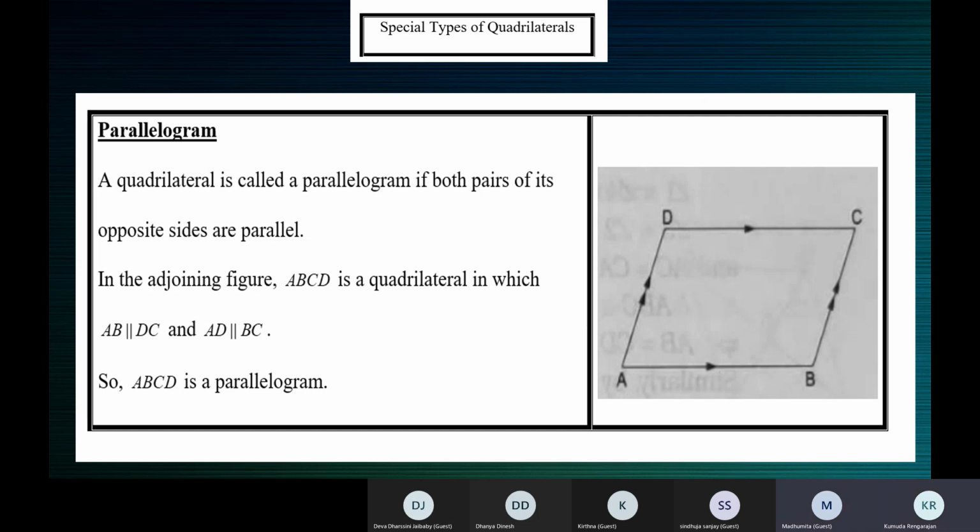Ma'am, when we add DC and CB, it gives the measure of 180 degrees, ma'am. No, adjacent angles. Use a single letter to mention the angles.